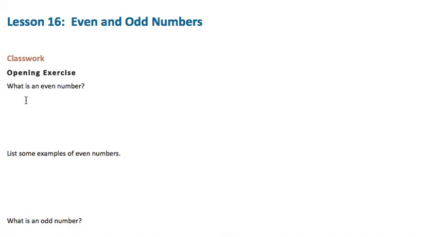An even number is a number that can be divided by 2 with no remainder. And examples of even numbers are any numbers that end in 0, 2, 4, 6, or 8.